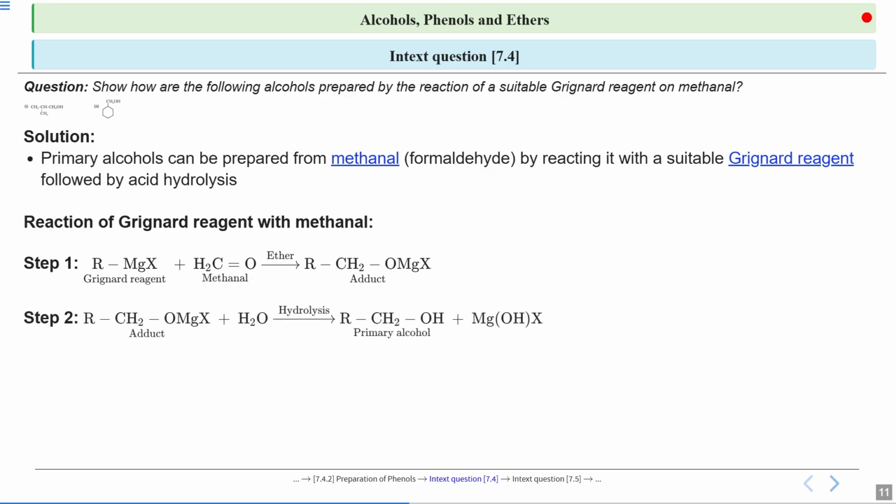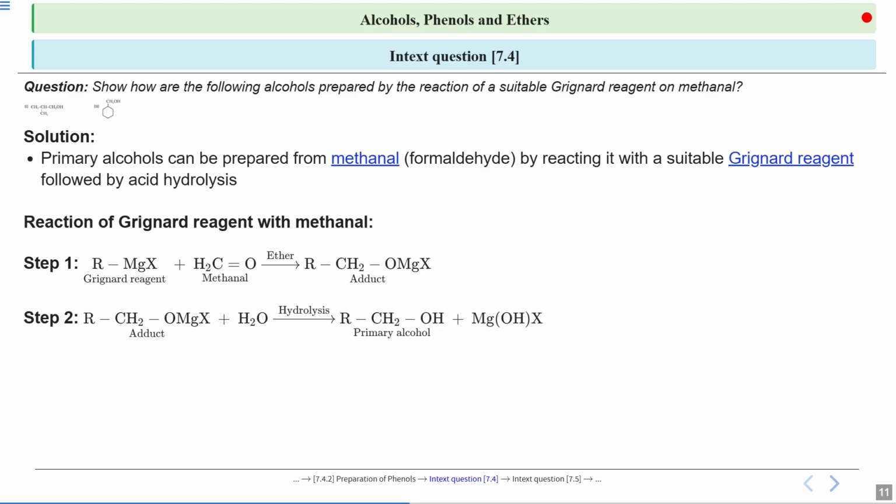Then step 2 involves the adduct's acid hydrolysis. So we take the adduct we just got in step 1 and react it with the water molecule, and it undergoes the acidic hydrolysis process, and you will get your primary alcohol as your major product, plus MgOHX will be your side product.